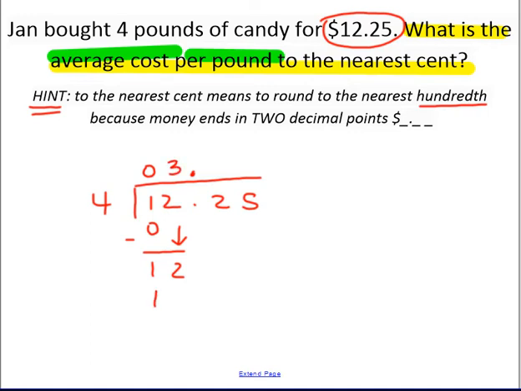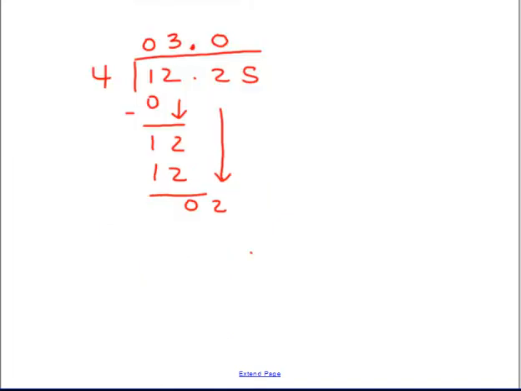3 times 4 is 12. 0, bring down the 2. 4 goes into 2 0 times. Subtract 2, bring down the 5. 4 goes into 25 6 times. 6 times 4 is 24.